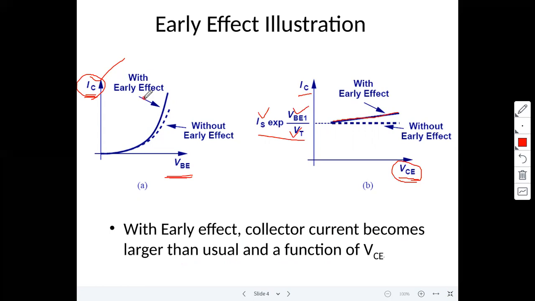In the second graph, previously it was a constant, not depending upon IS, VBE and VT. Now with early effect, the collector current changes with respect to VCE. That means the collector current expression also modifies. This is without early effect; with early effect, the collector current expression also changes.